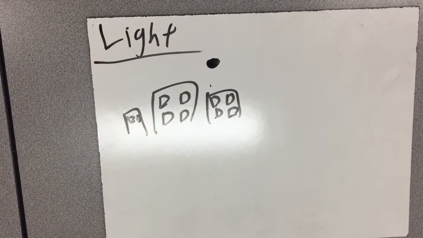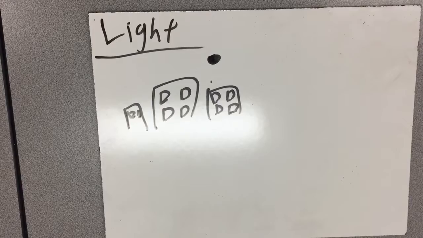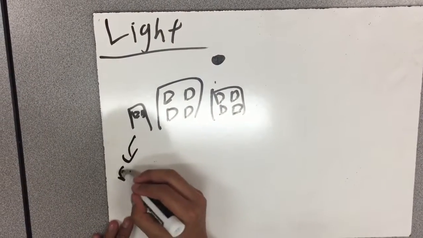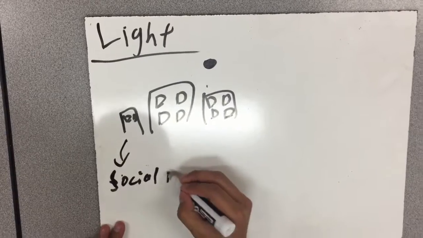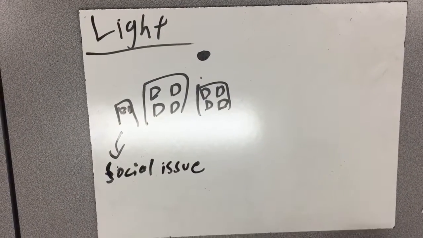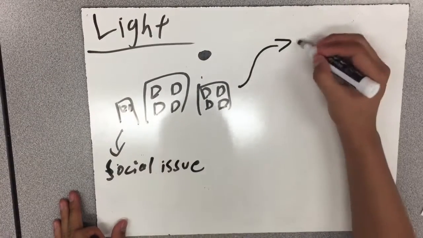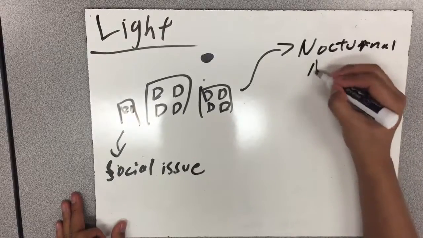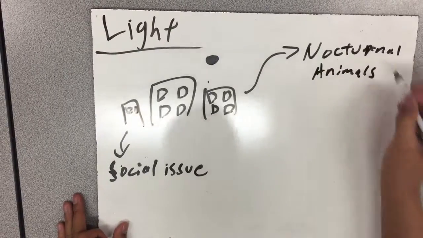And usually this would cause, obviously it's aesthetically unpleasing, so this is a social issue. You've got your environmental issues. This would hurt nocturnal animals, such as owls and raccoons.